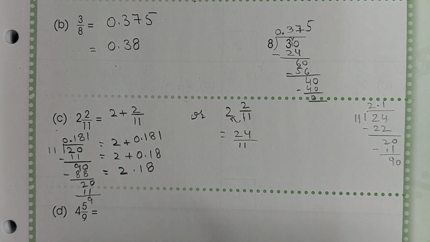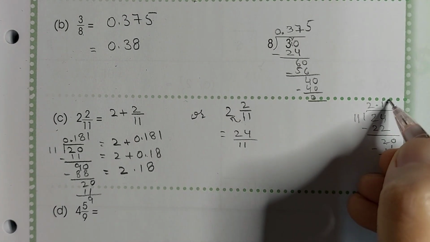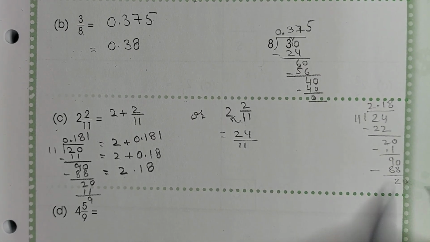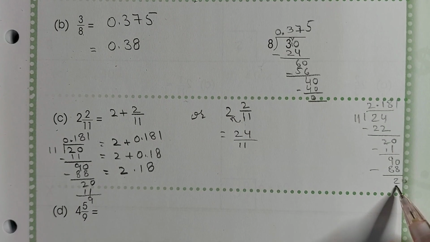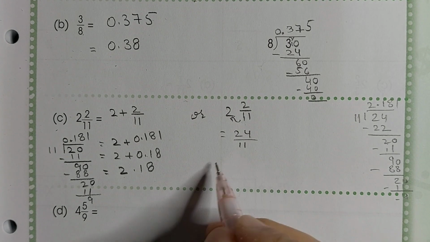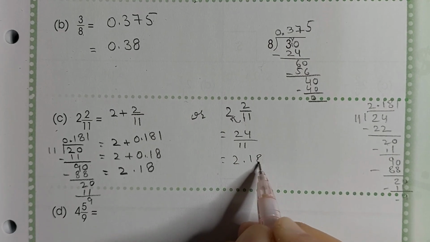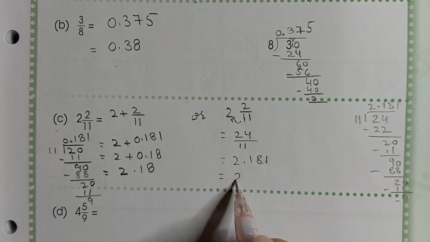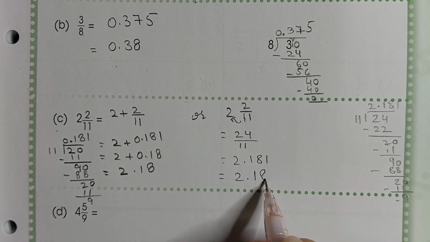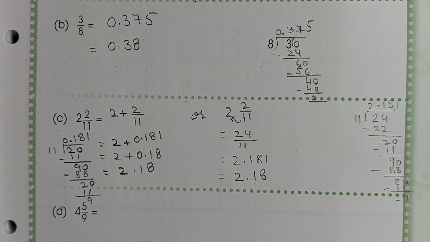Because we need our answer up to 2 decimal figures. Okay, 8s are 88, minus 2, again 0, 11 ones are 11 and then 9. We won't go further. So our answer will again be 2.181. For 2 decimal figures, the answer will be 2.18.